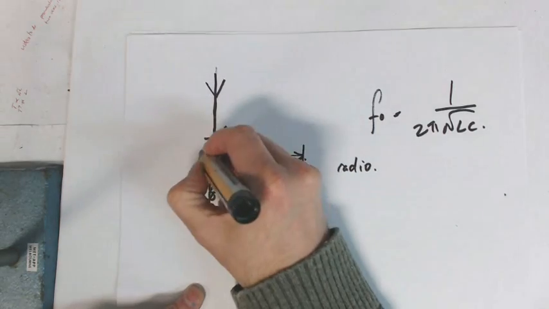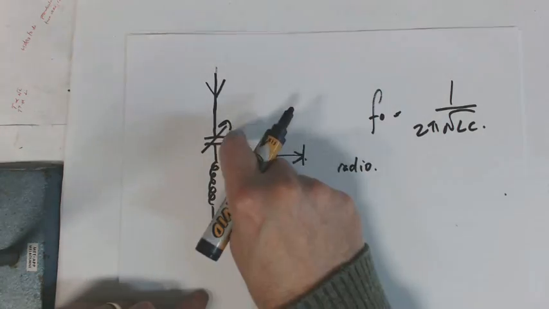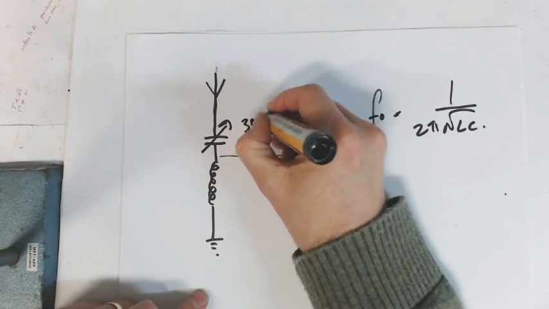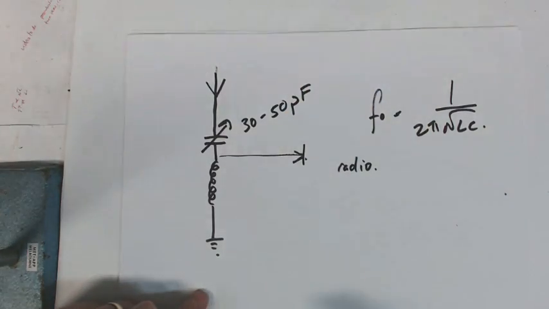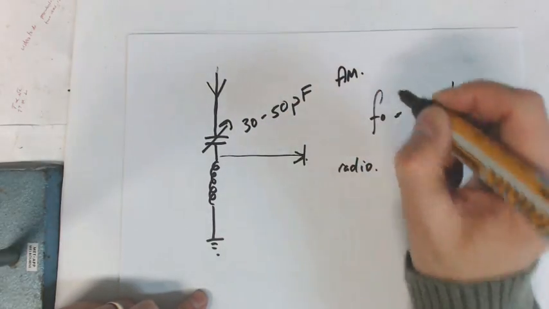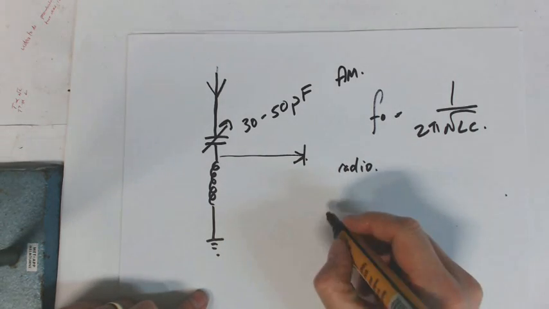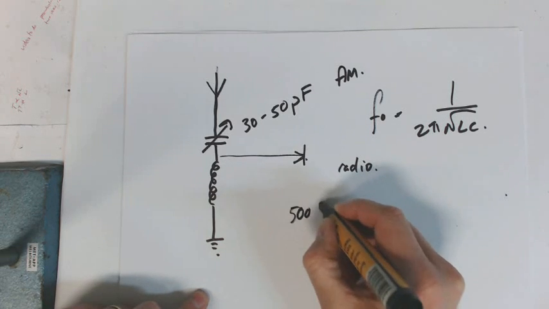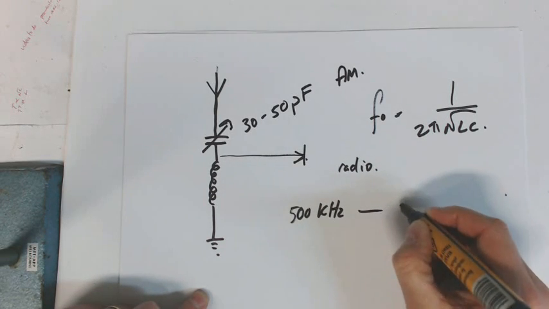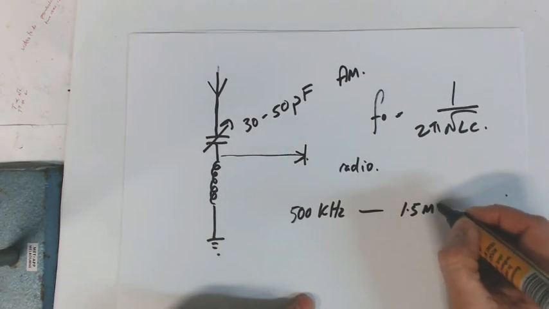How you tune it is with a variable capacitor. These are around about 30 to 50 picofarads for an AM station. So you could get a question where they're asking you, okay, you want to tune from maybe 500 kilohertz to 1.5 megahertz.